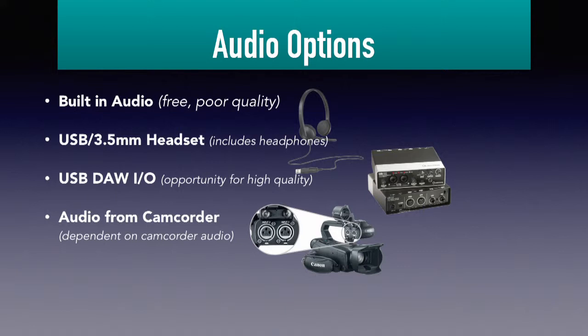So especially if your camcorder has some good audio inputs like XLR inputs and XLR inputs with phantom power, you can send your microphones directly into your camera, into the XLR inputs, and then it'll feed into Google Plus through your input card through that HDMI or SDI input. So that's a really great option as well. So those are some of the things you're going to want to do to get set up in advance so that your audio is good, your picture is good, and now you're ready to rumble.